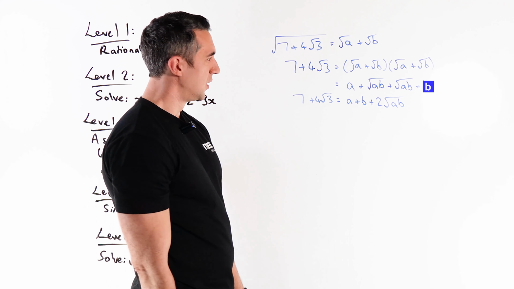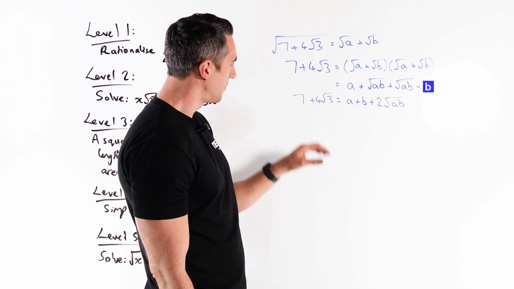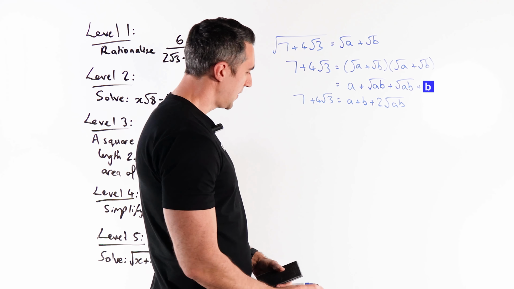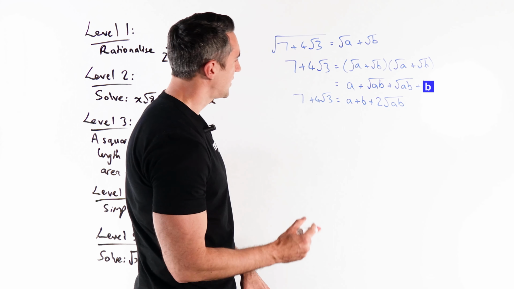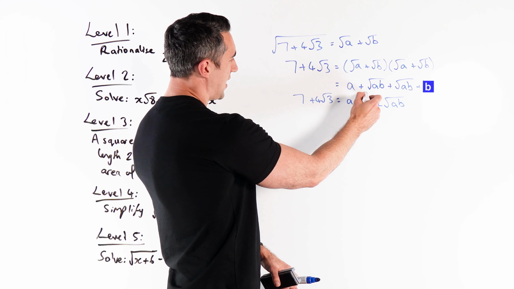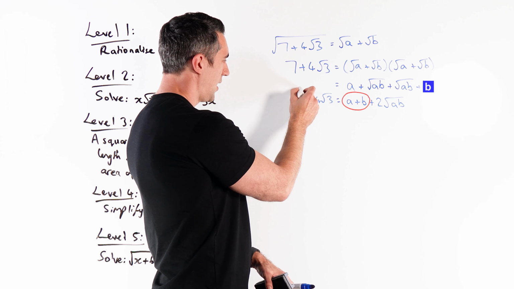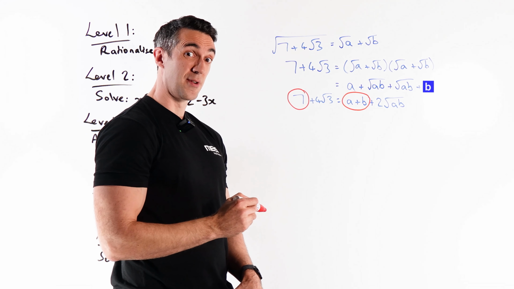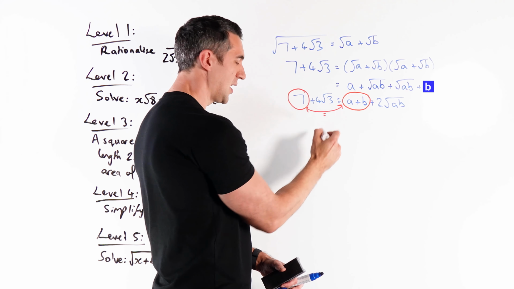Yeah. It's not really helped. It doesn't look like it's helped because we've got this a here, this b here. We've got no obvious equation we can solve. But if we take a little look, what we could do is say, well, this a plus b, this is the part here that doesn't have a root sign. And this on the left-hand side is the only bit that doesn't have a root sign. So that means these two parts have to be equal to each other.